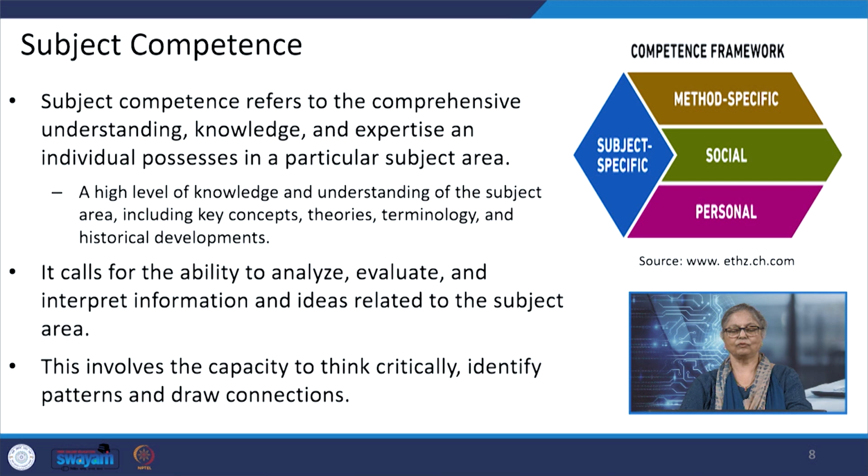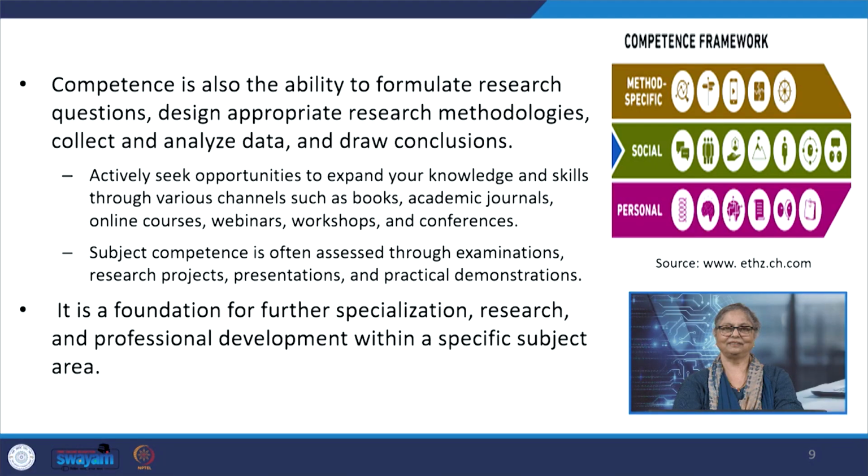Subject competence calls for the ability to analyze, evaluate, link together information, interpret it, and also ideas related to the subject area regarding the futuristic developments. This involves the capacity to think critically, identify patterns, and draw connections. A competent professional possesses comprehensive knowledge of the subject matter. The challenge is to present it in a proper and timely manner so that people can understand it without any time gap and without any revision.